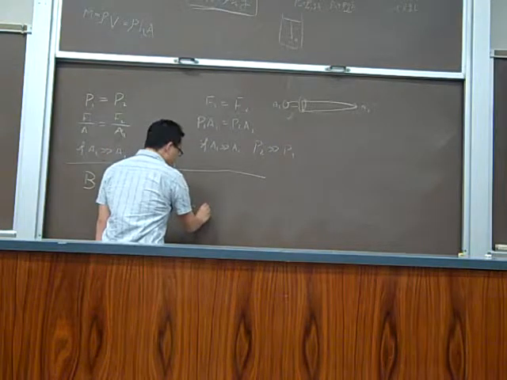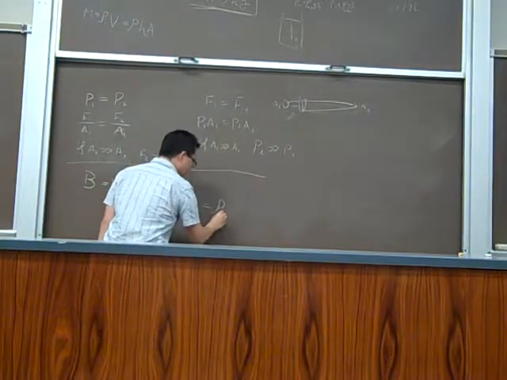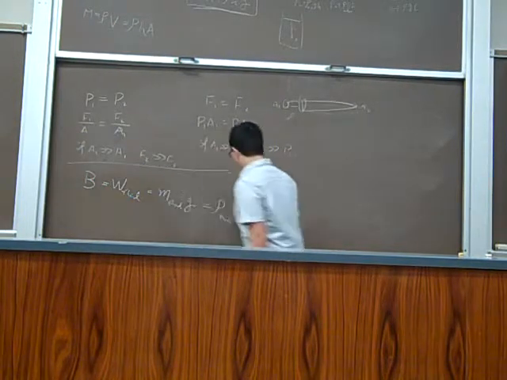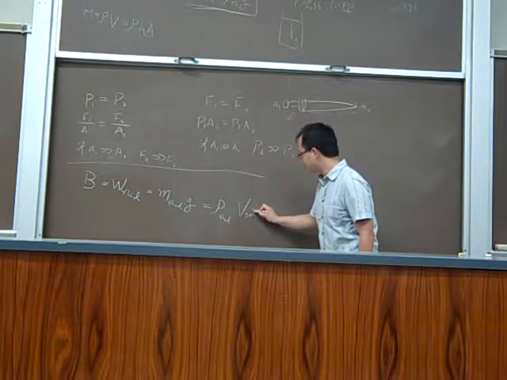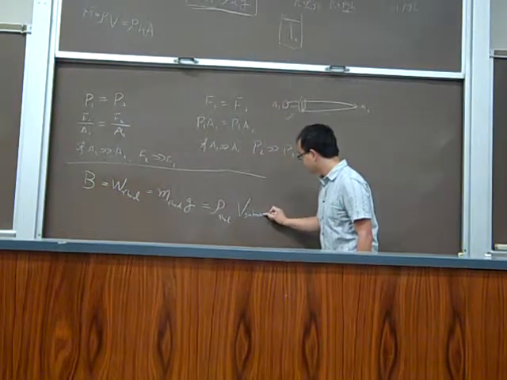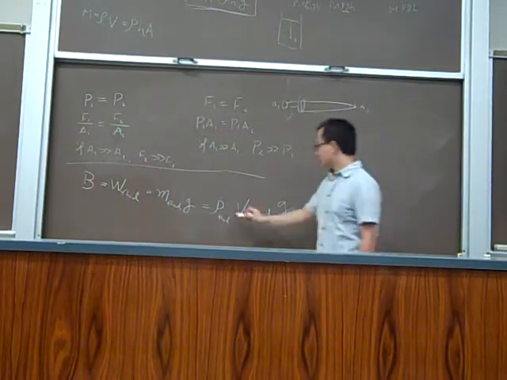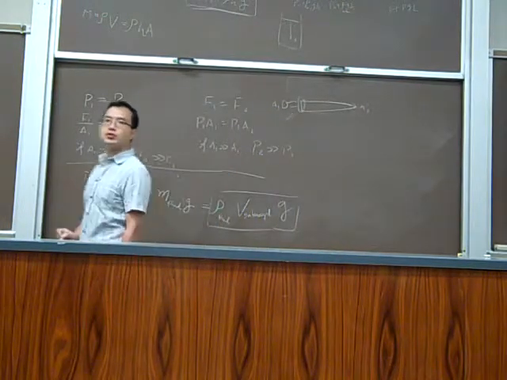And then this is the density of the fluid multiplied by the volume submerged or displaced, multiplied by g. So this is the equation to calculate buoyant force.